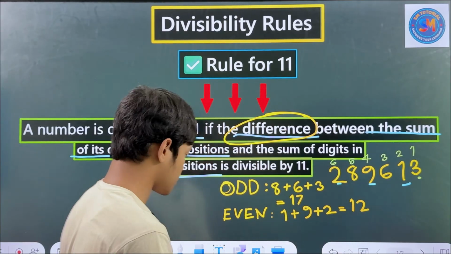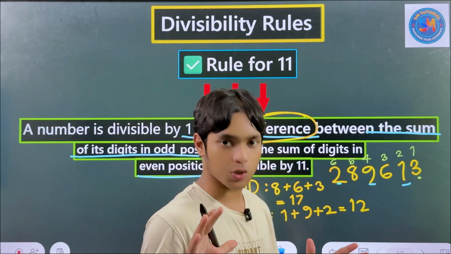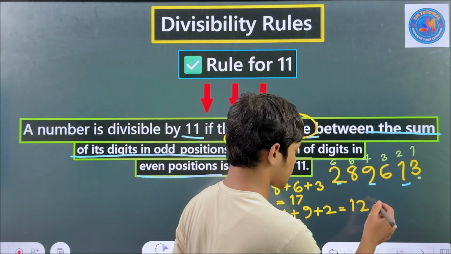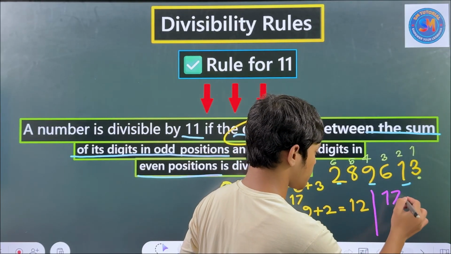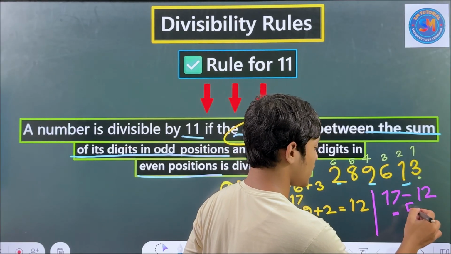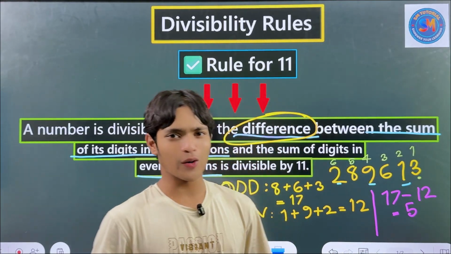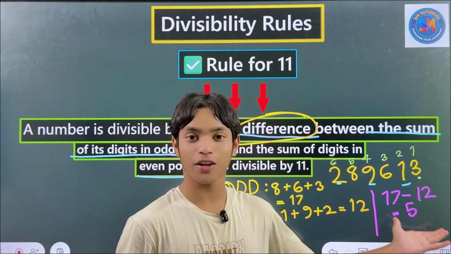To find the difference, what do we have to do? We have to subtract. So 17 minus 12 is only 5. So the difference we found here is 5.